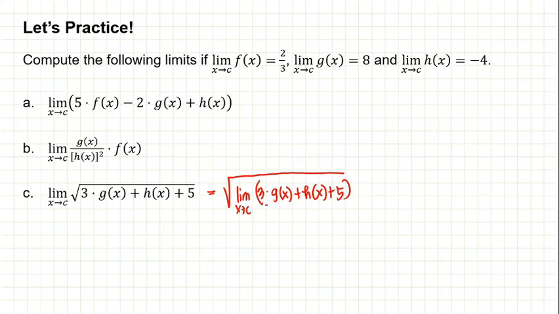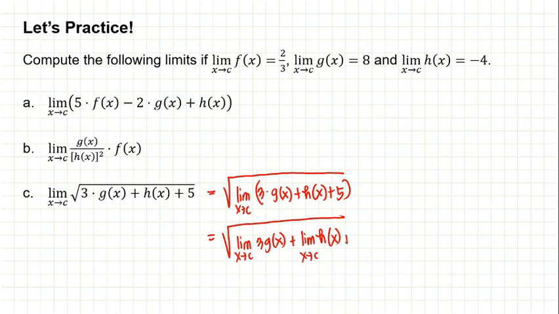Now we can distribute the limits here. So this will become the limit of 3 times g of x as x approaches c plus the limit of h of x as x approaches c and plus the limit of 5 as x approaches c.